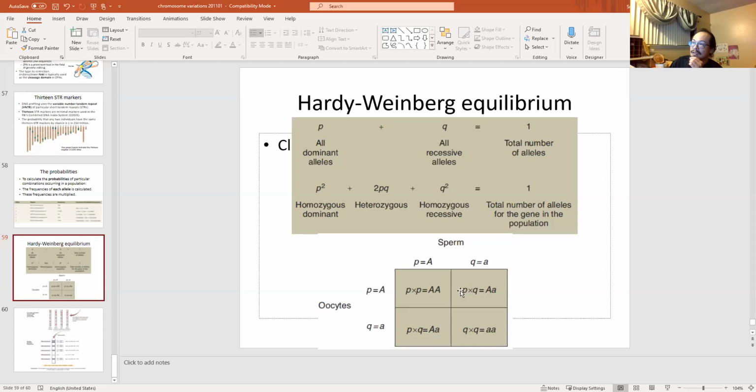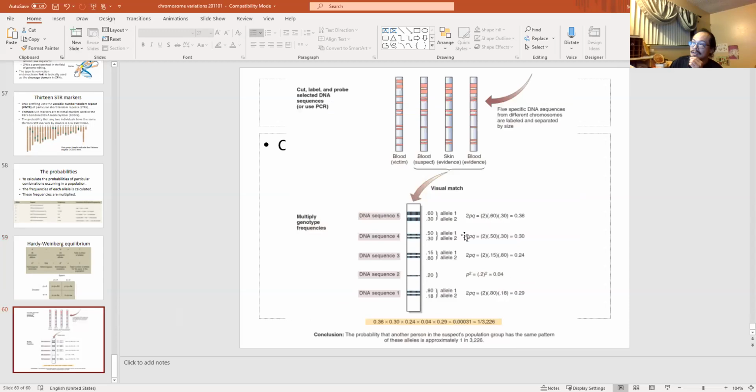So if it's PQ, you got 2PQ. The chance of this one is 2PQ, 0.3 times 0.6 times 2, and for this one 0.1815 times 0.8 times 2 equals 0.024. Now you have this one.